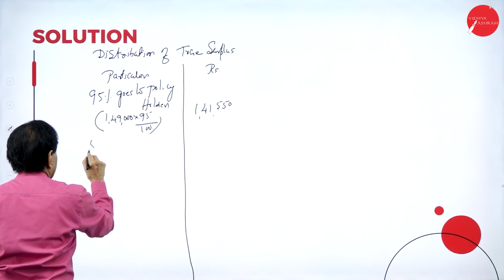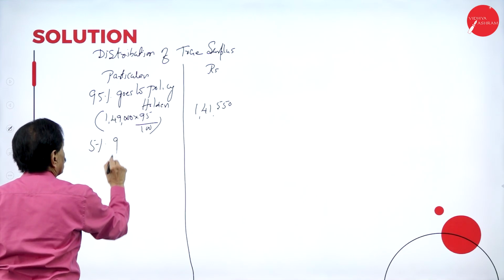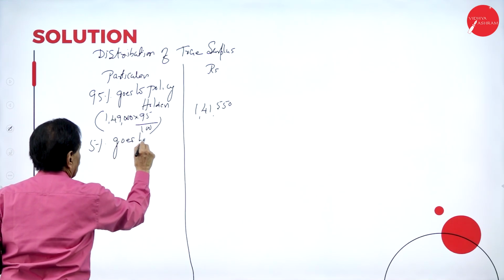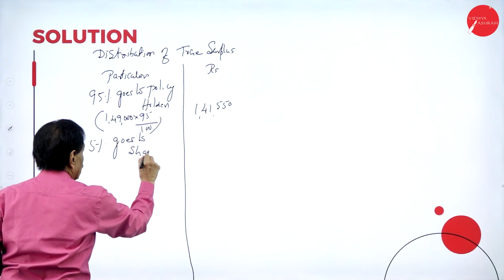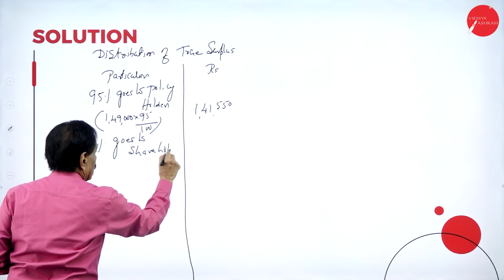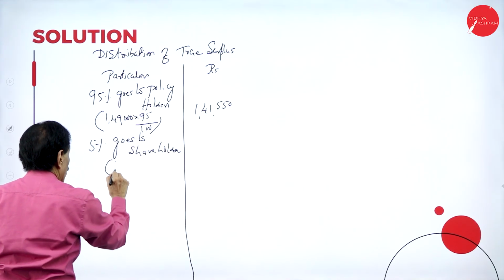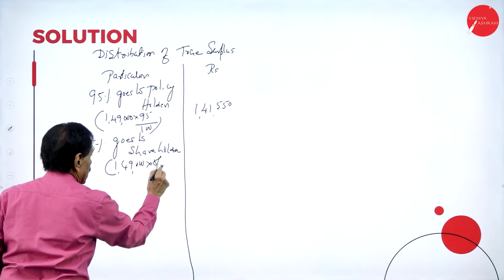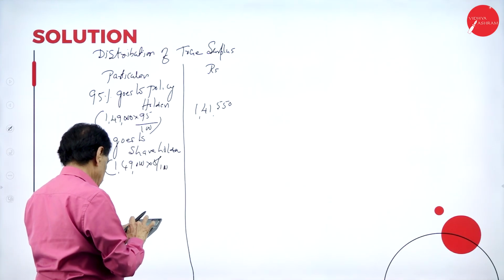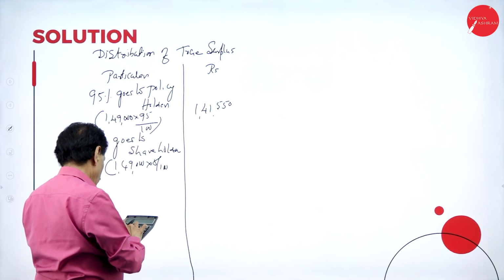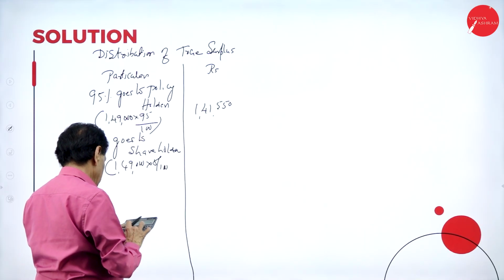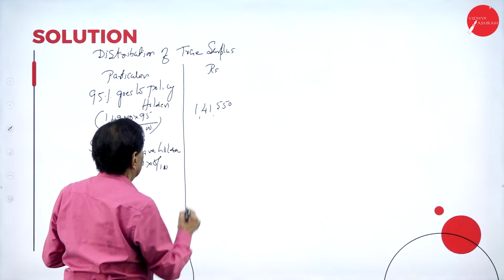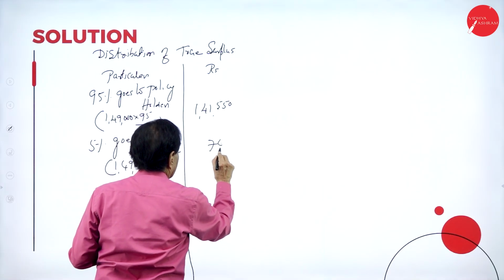Then 5% goes to shareholders. 1,49,000 into 5 divided by 100, that is 7,450.